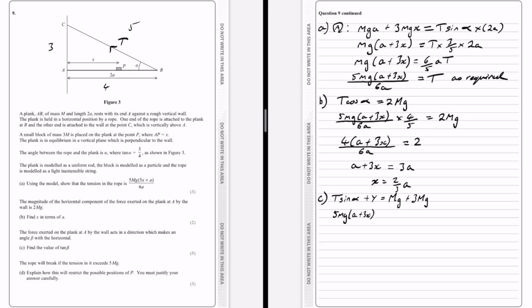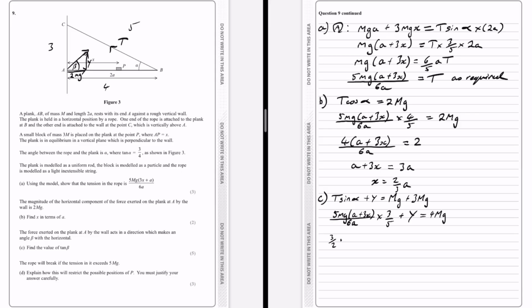We can substitute in our expression for T from part A again. Sine of alpha we know is 3/5. I'll leave the Y alone for now and join together the mg plus 3mg on the right hand side, so that's going to become 4mg.